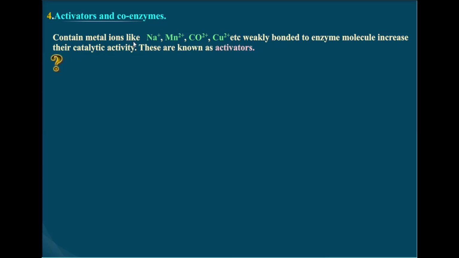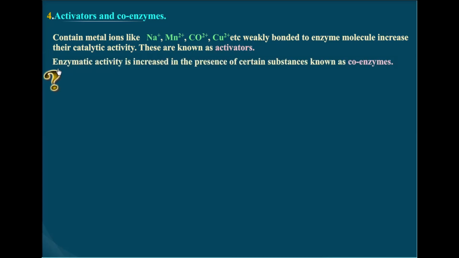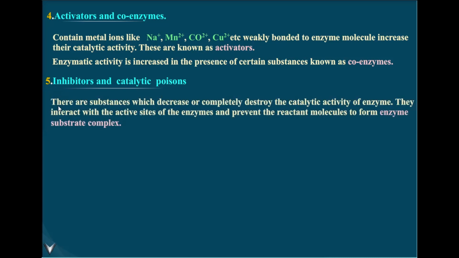So once again, activators are metal ions like Na+, Mn2+, Co2+, Cu2+ weakly bonded to the enzyme molecule, which increases its catalytic activity. Enzymatic activity is also increased in the presence of certain substances known as coenzymes.